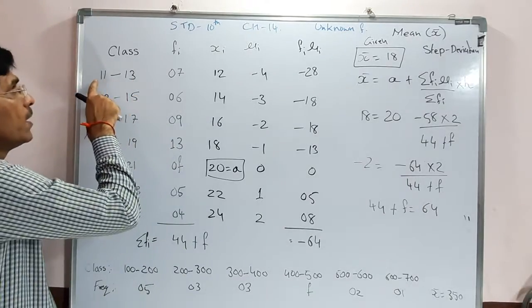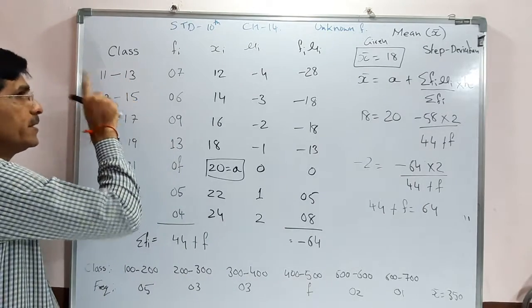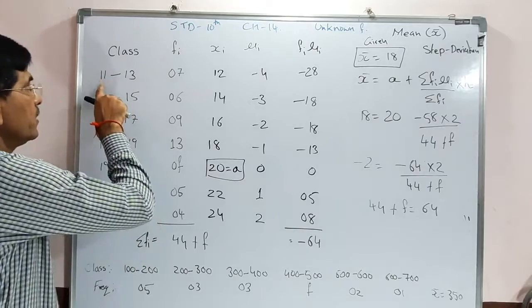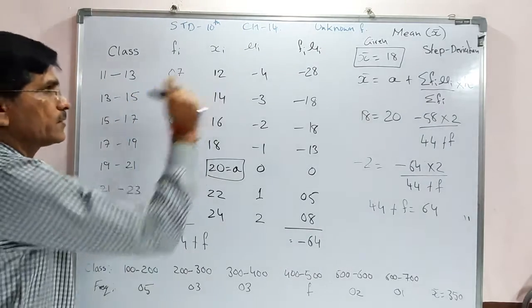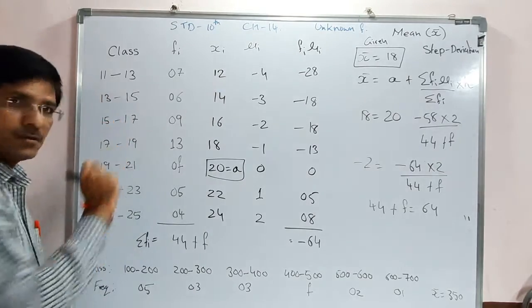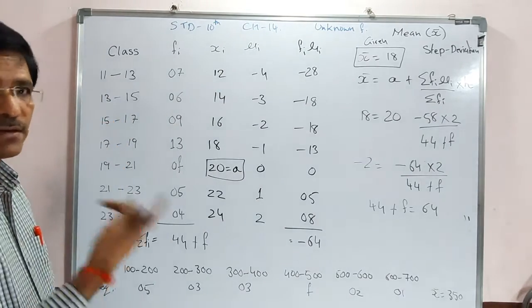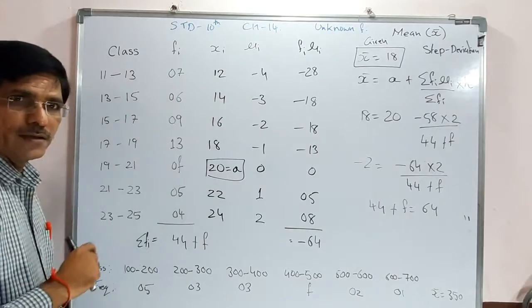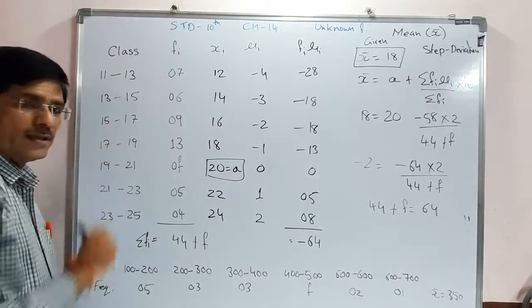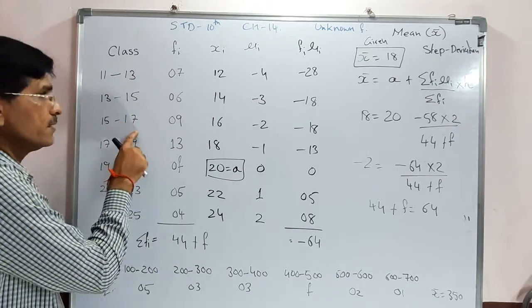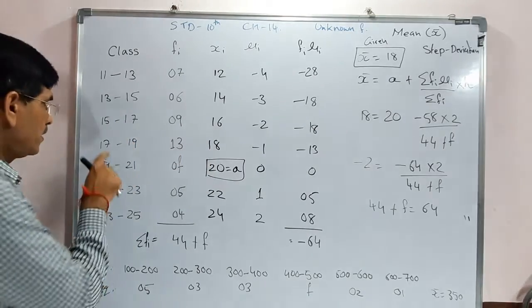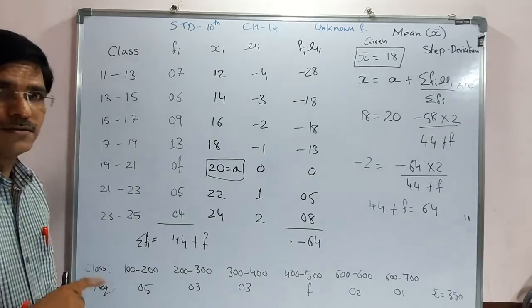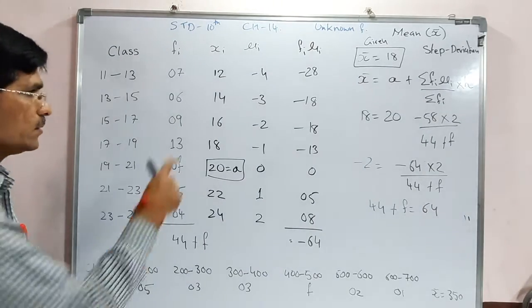Sum of upper limit and lower limit divided by 2. 11 plus 13 divided by 2, that is 12. 13 plus 15, that is 28 divided by 2, that is 14. 15 plus 17, 32 divided by 2, 16. 17 plus 19, 36 divided by 2, 18.